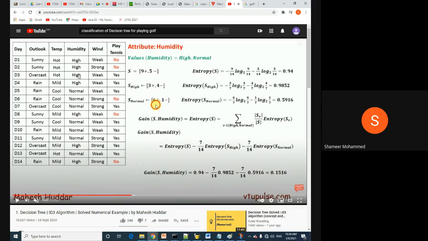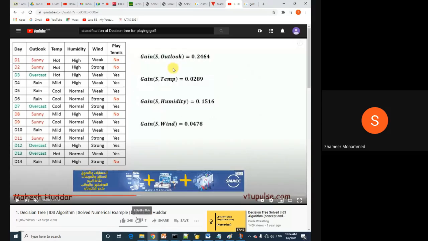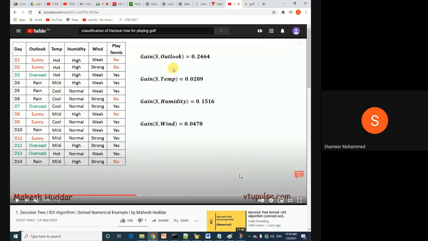Like this you will go for humidity and wind. Outlook, temperature, humidity, wind: you got these values. Based on this, we will now proceed to drawing the decision tree.